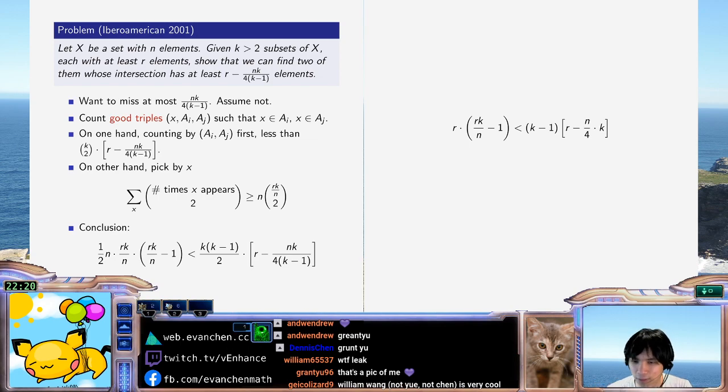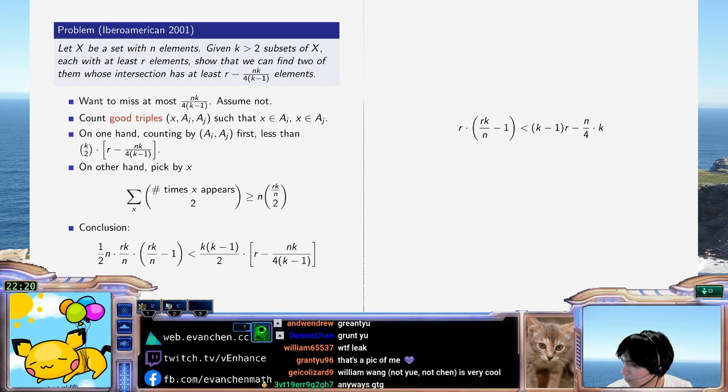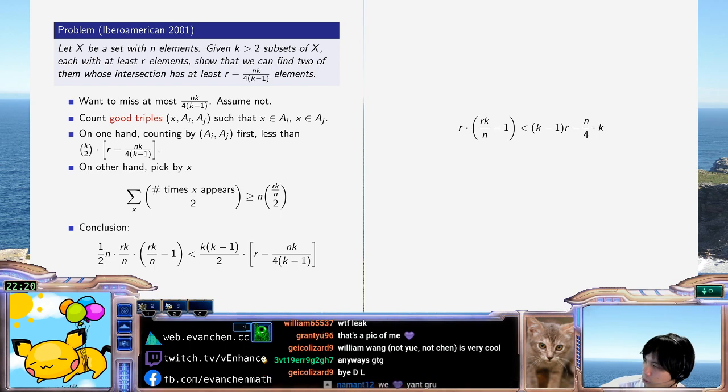Oh shoot, I put the k minus 1 in the wrong place. The k minus 1 should go inside and knock out that. I feel worried because I feel like the dimensions aren't even right. Somehow this problem has some notion of dimension, like the degrees.